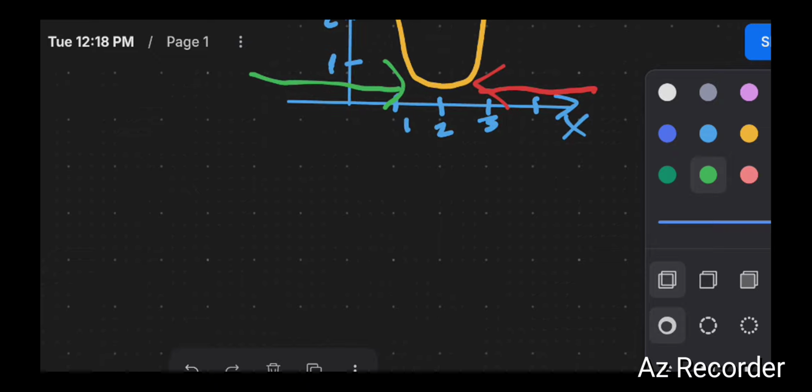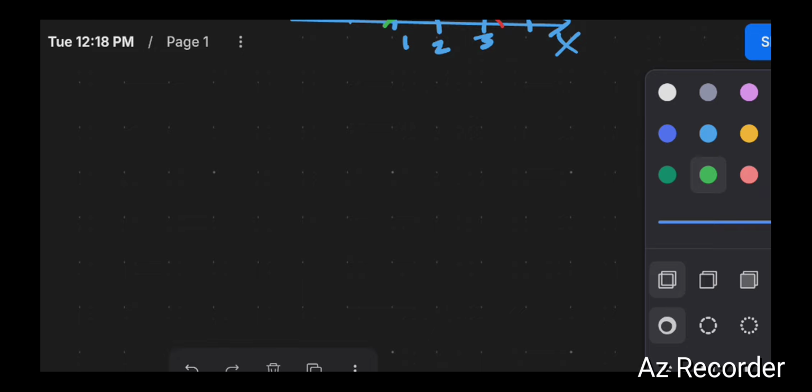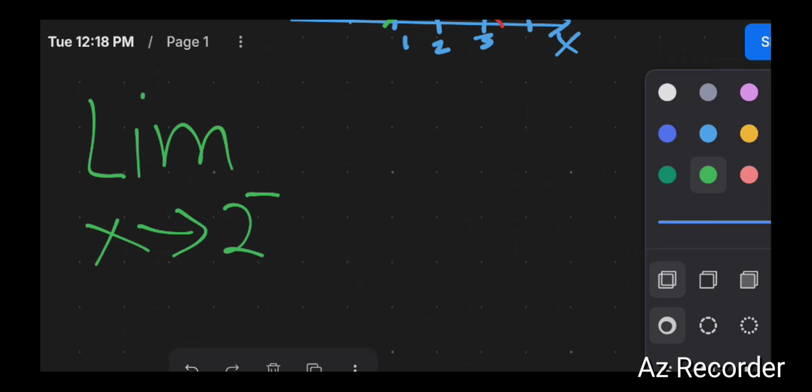Mathematically, we can write this as the limit as x approaches 2 from the right of f of x, which is x squared, is equal to 4.